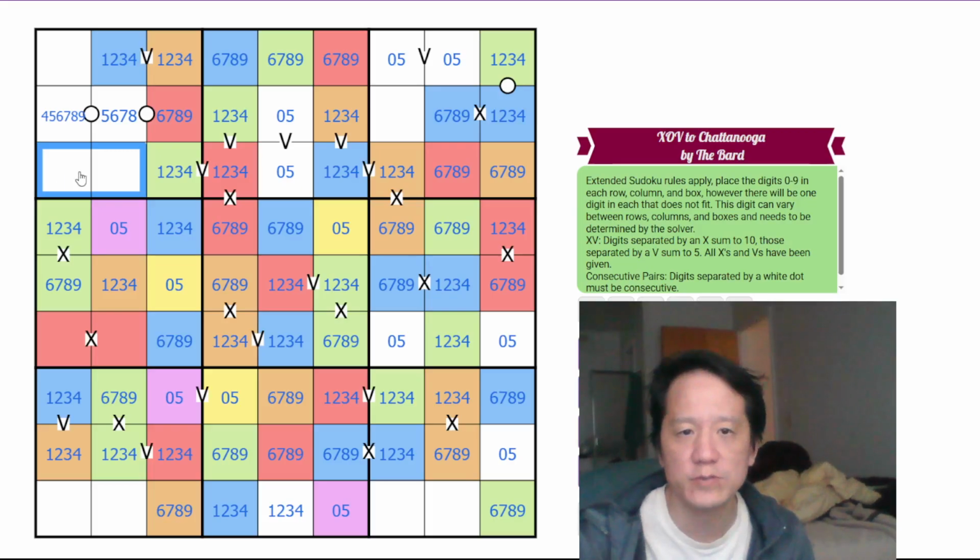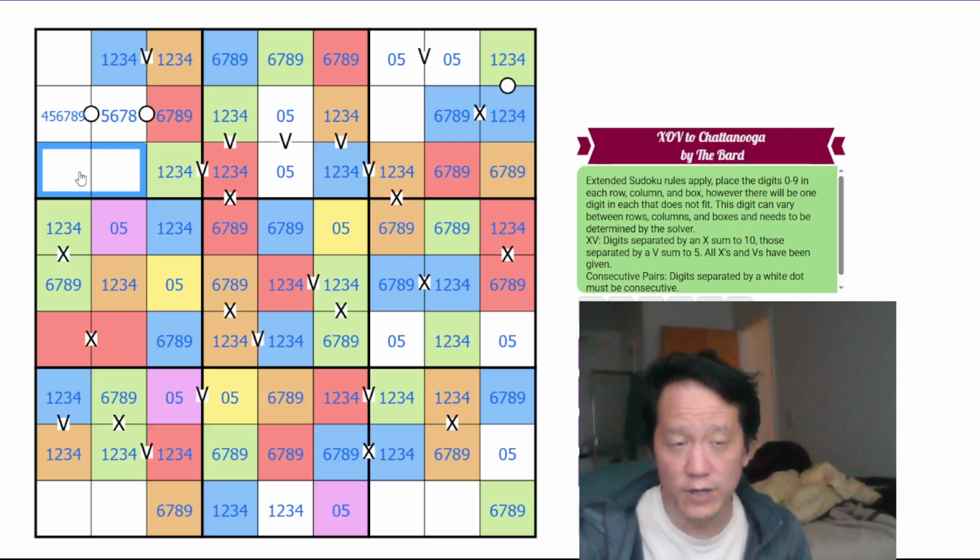So neither of these can be high green. Therefore, we're left with a 0, 5 and a 6, 7, 8, 9. The 6, 7, 8, 9 is the blue one. So this is blue and 0, 5, 6, 7, 8, 9.